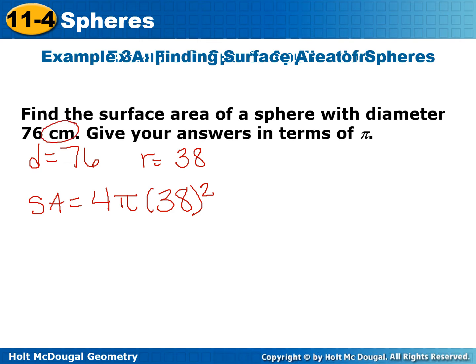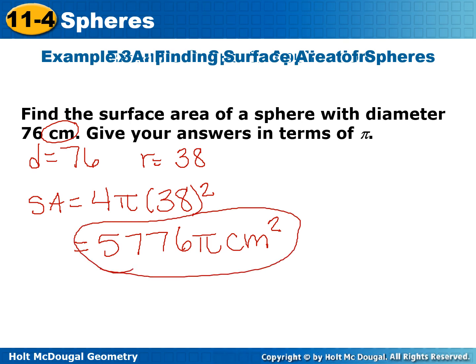And it's going to be in terms of centimeters. So in terms of pi, we'll take 38 squared, and then multiply that by 4, and we'll have 5,776 pi centimeters squared for our surface area.